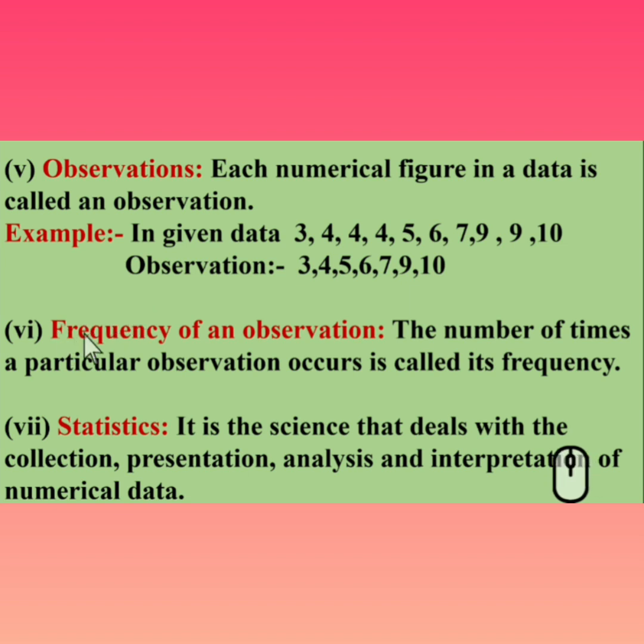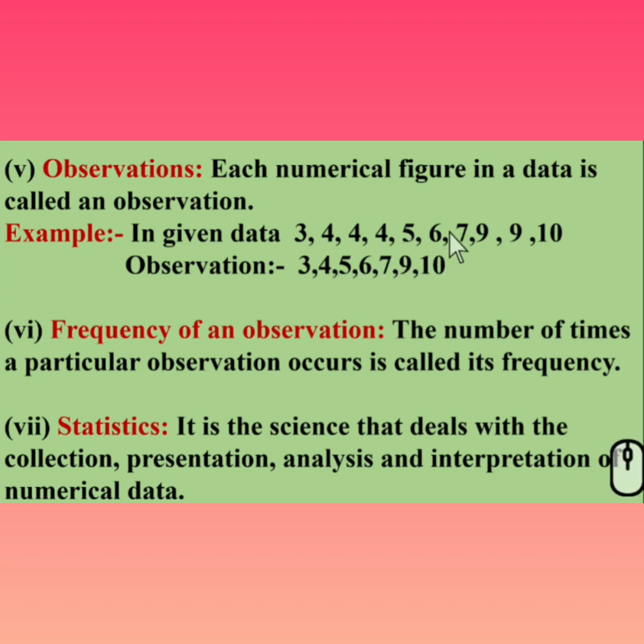Next is frequency. What is a frequency? The number of times a particular observation occurs is called its frequency. Here you see 3 came one time, so 1 is the frequency for 3. 4 came three times, so 3 is the frequency for 4. Then 5 came only one time, so the frequency for 5 is 1.